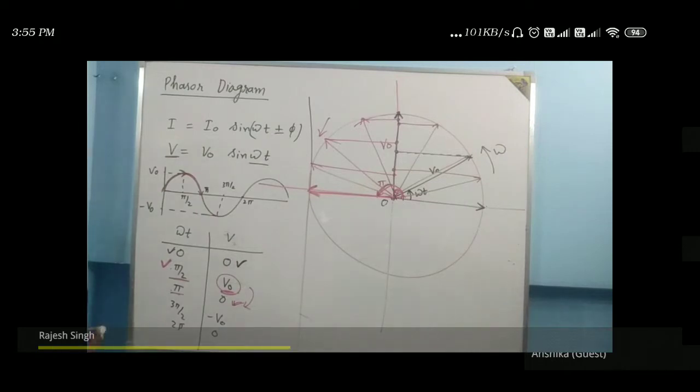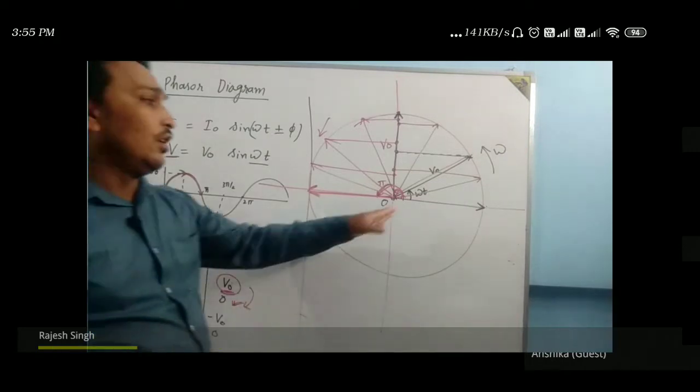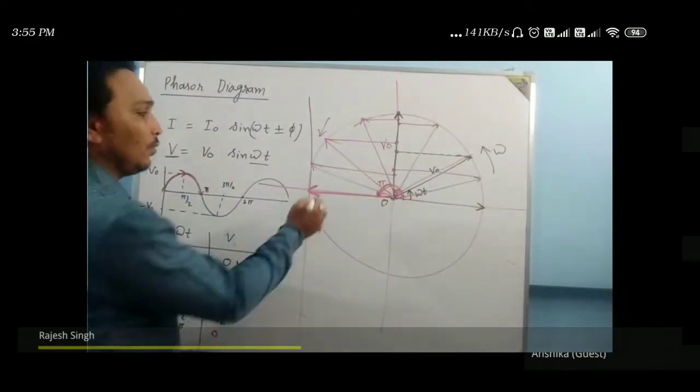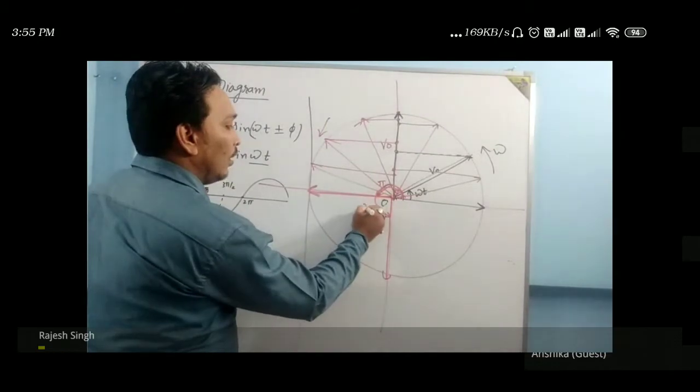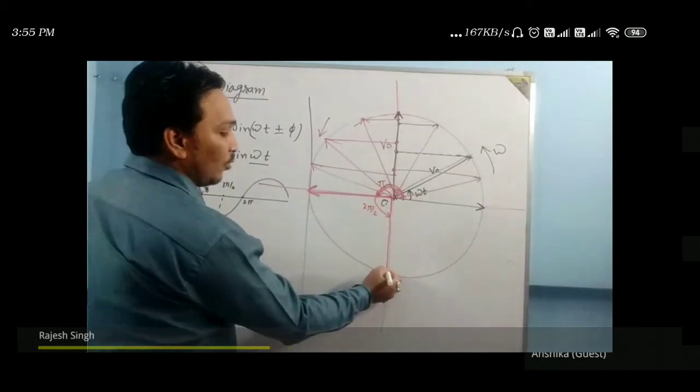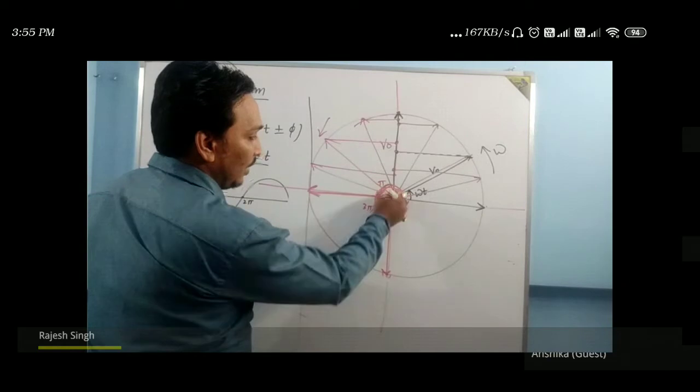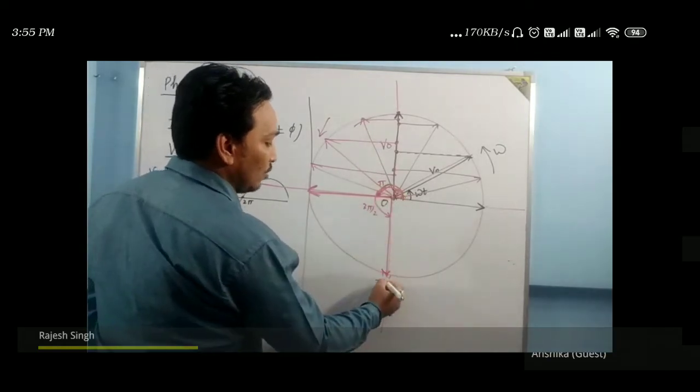Now if you understood 0 to pi, the same goes for pi to 3 pi by 2. This whole angle is 3 pi by 2, and at this point of time it is in the negative direction, so it will be minus V naught.